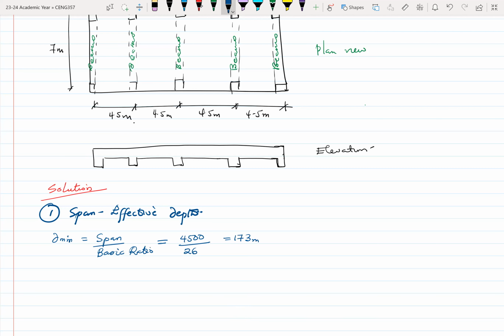So 173 will be the highest depth we can choose.